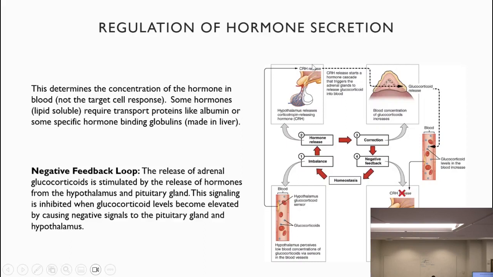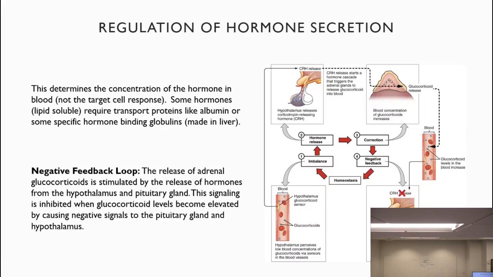That is going to travel to the anterior pituitary, leading to the release of ACTH, adrenocorticotropic hormone, that will stimulate the adrenal cortex to produce cortisol. That will increase the production of cortisol. Cortisol has many actions. We are going to be studying them more in the future.